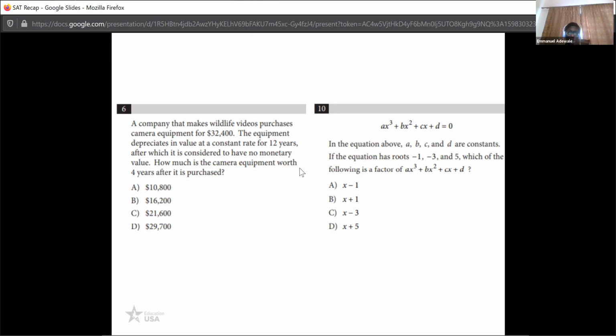So this one here, again, you'll need to figure out the relation between the starting value of the camera equipment and how much it's worth 4 years after it's purchased. And so yeah, would that be A, B, C, or D? And feel free to share your answer in the chat or raise your hand and share with us your reasoning for your answer.